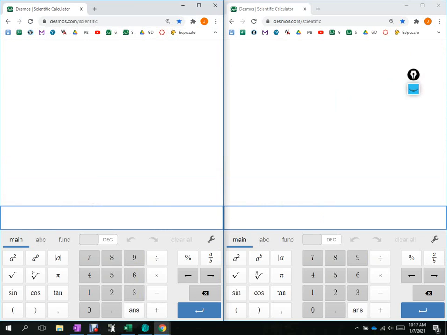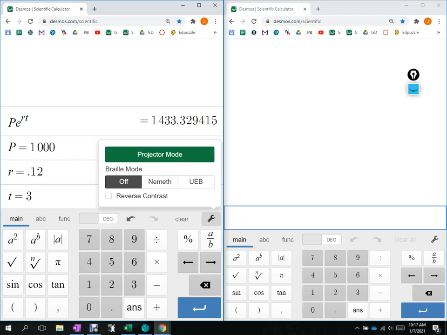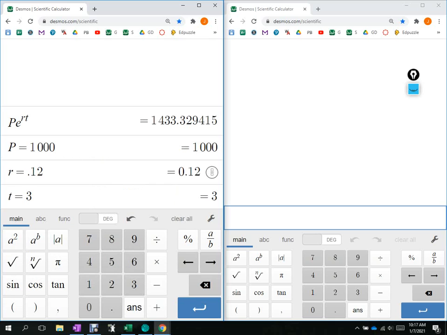If I use P times e^(rt), and I let P equal 1,000, r be 0.12, and t equal 3, we see there that we get 1433.32, right?